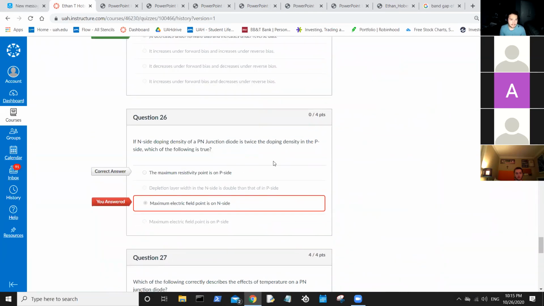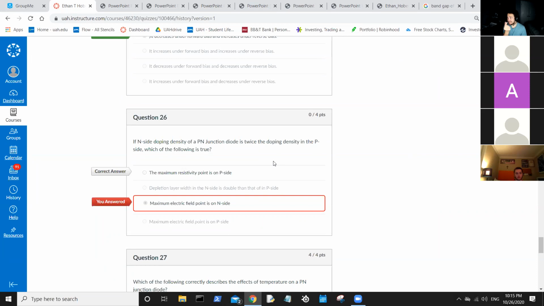Depletion layer width in the N side is double that of the P side. That's wrong, and you can tell why. When the N side doping density is larger than the P side doping density, it takes up less depletion width for its side.